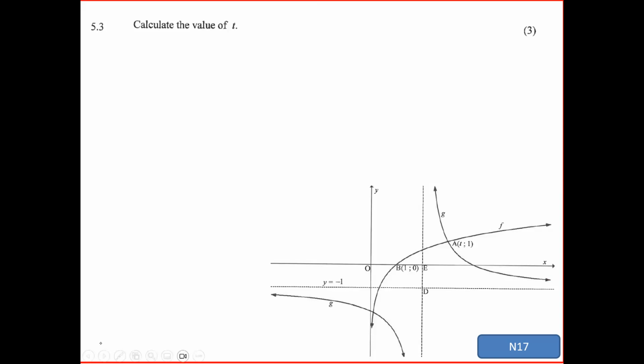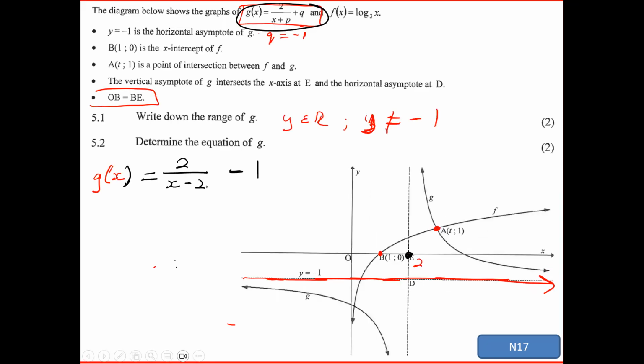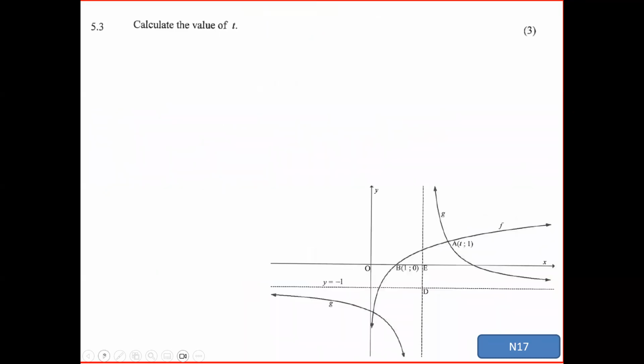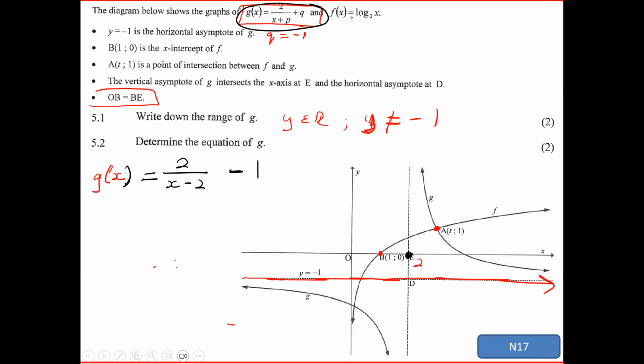Okay, I have to take you back to make a very important point. Remember that we have A, which is sitting as a point of intersection on the log graph, and it also sits on the hyperbola. So we can use any equation we want to solve for that. If you haven't written down the log equation, it's f of x equal to log x base 3.